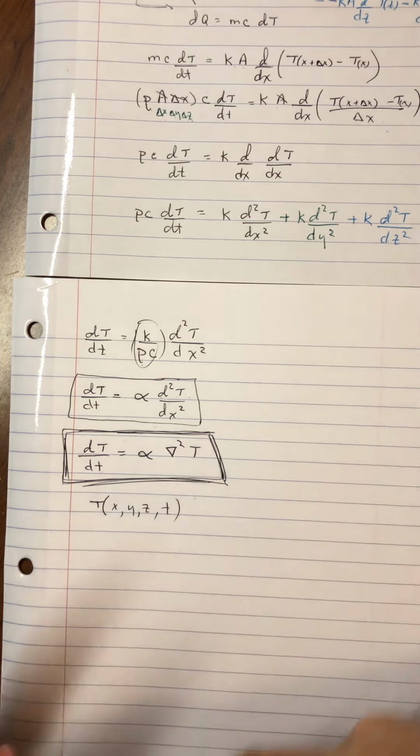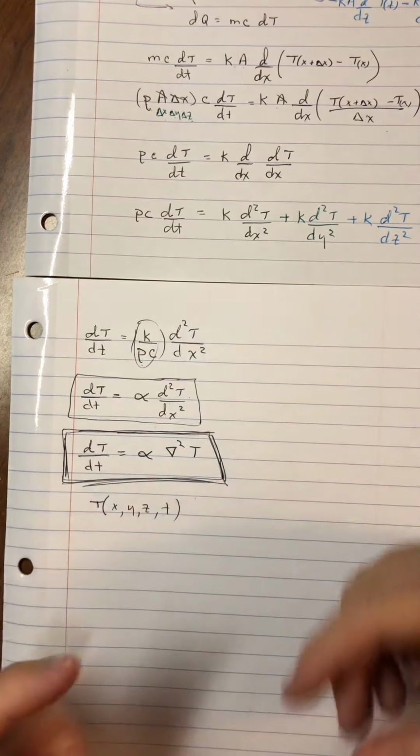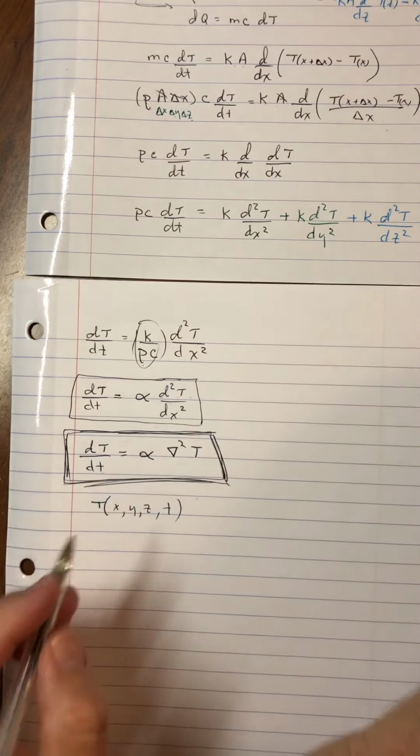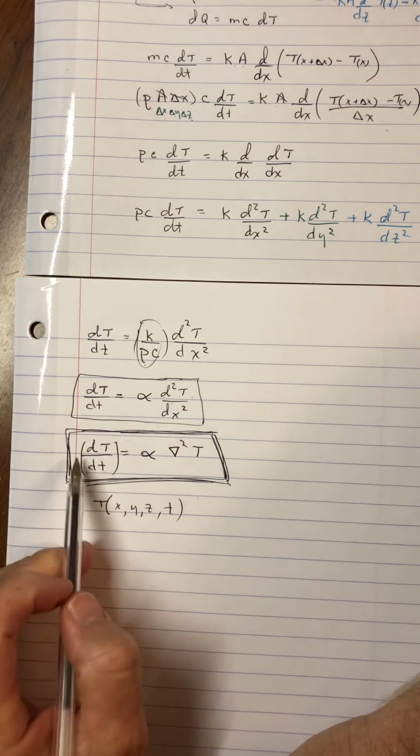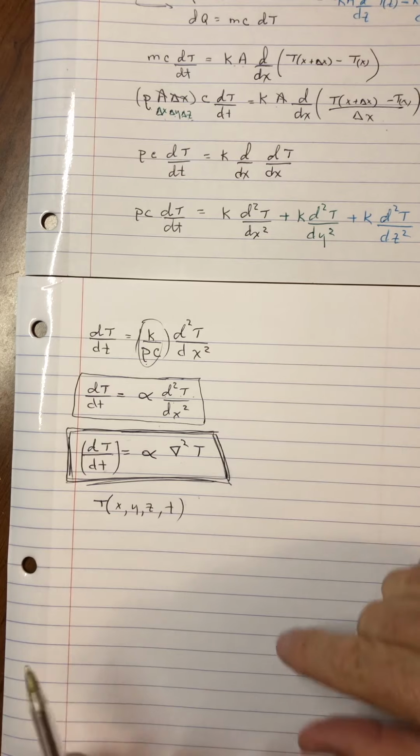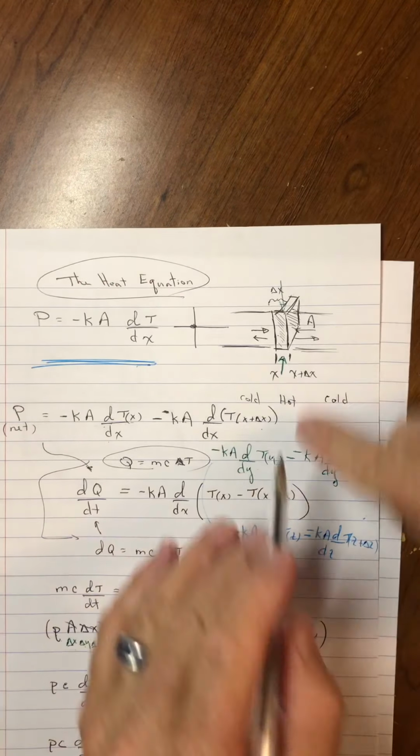And so to answer that, let's look first at the easier side, the left-hand side. This is saying, how does the temperature change with time? Now, remember also we're talking about a single point, because I took the limit back here.